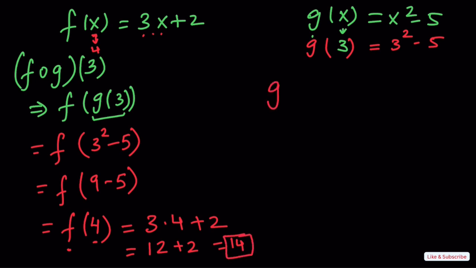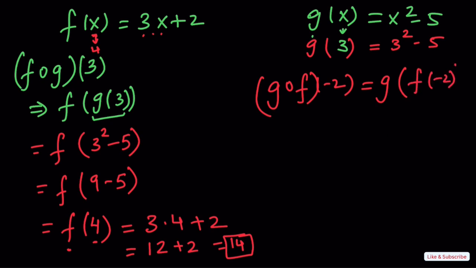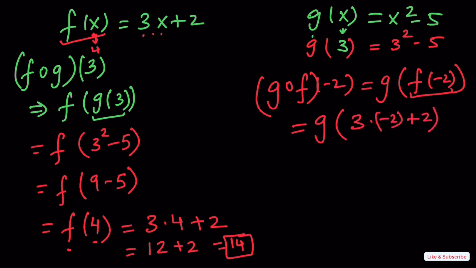Now we need to find g of f of -2. I can write this as g of f of -2. Now g is as it is. Now what is f of -2? So wherever there is function f, I'm going to plug in x as -2, which gives me 3 times -2 plus 2. Now what is 3 times -2?